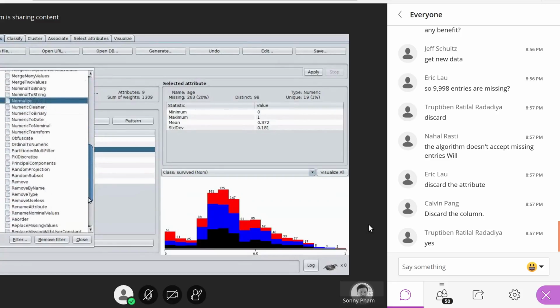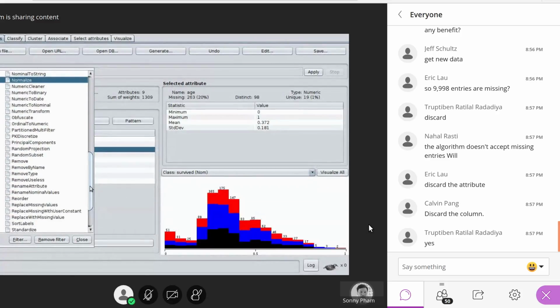So you have a number of filters here that can do pretty much what we discussed today.